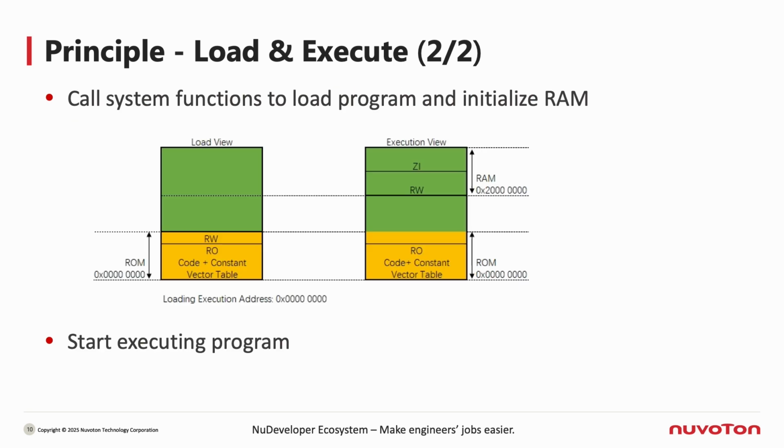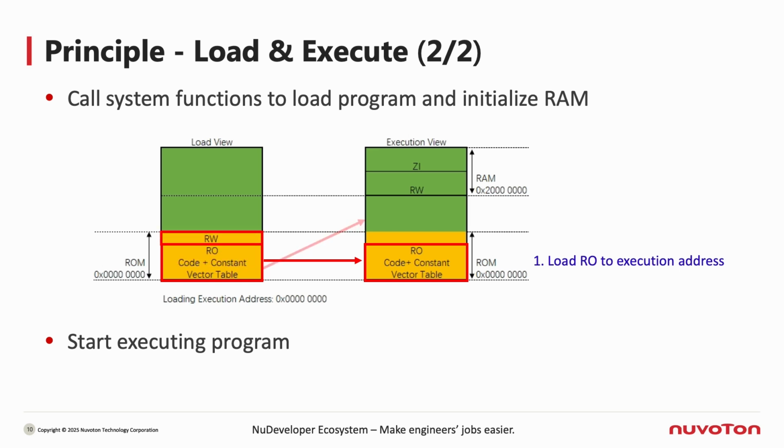The Reset_Handler function will call the system function to load the program and initialize RAM. For example, the loading and execution addresses set in the following figure are all address 0x00000000. Firstly, load the program and constants with physical address 0 to the execution address 0.